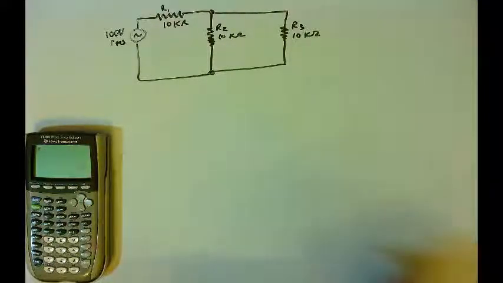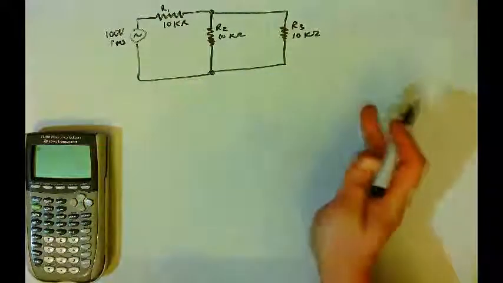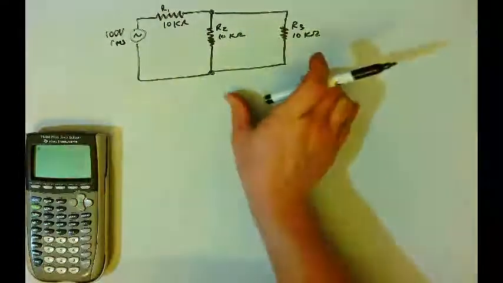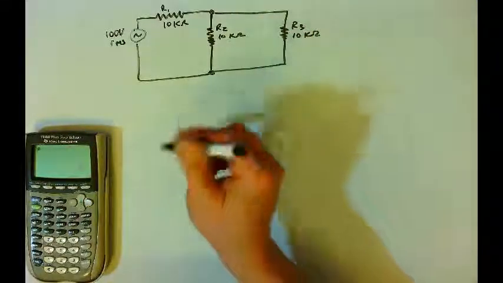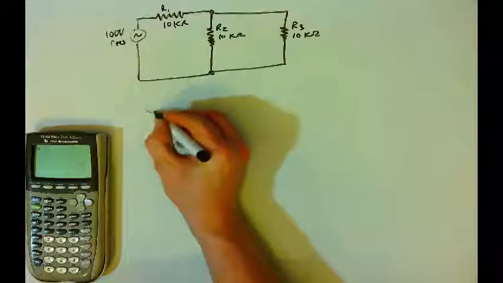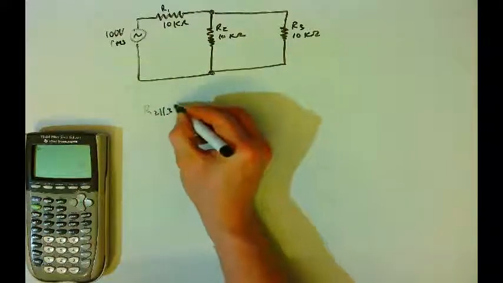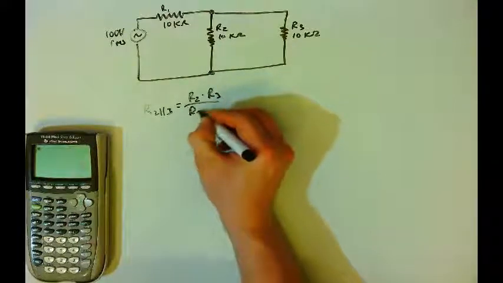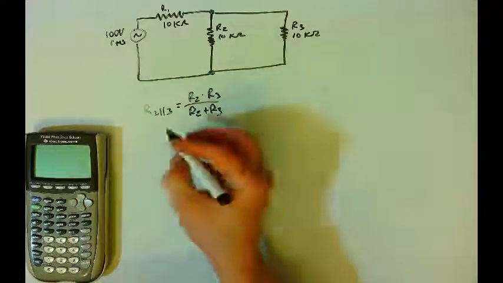And so again, we're going to start by finding the total resistance, and so we need to combine R2 and R3 first. They're farthest from the source. They're in parallel. We will combine those first. And so R2 in parallel with R3 will be R2 times R3 divided by R2 plus R3, product over sum.